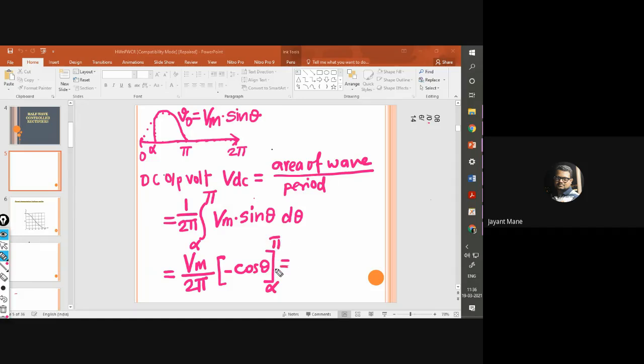After substituting the limits here, what we'll get is Vm by 2 pi into bracket 1 plus cos alpha. So this is the DC value. This is the average value of the waveform.